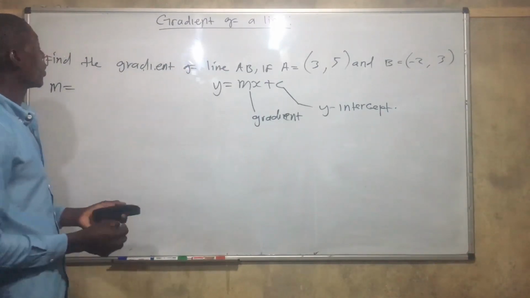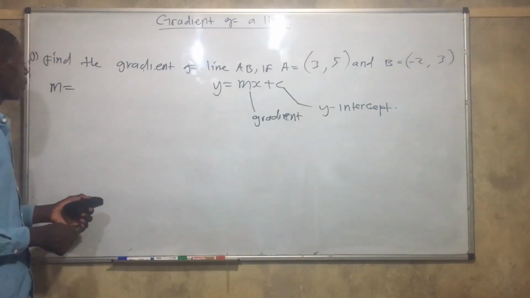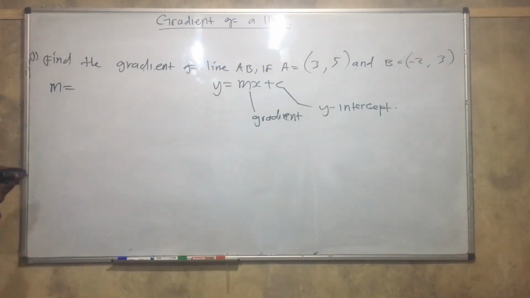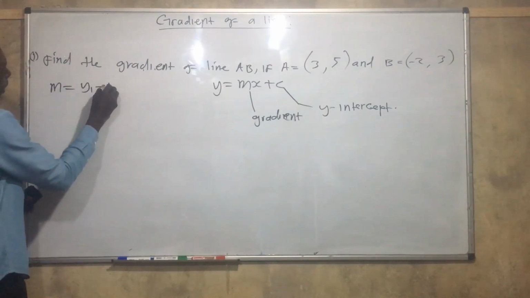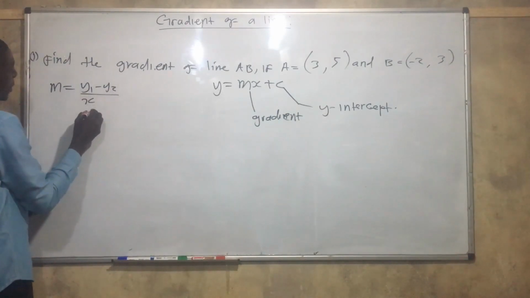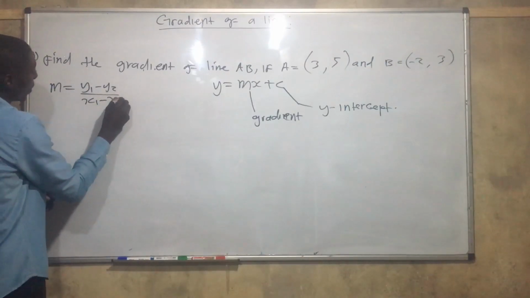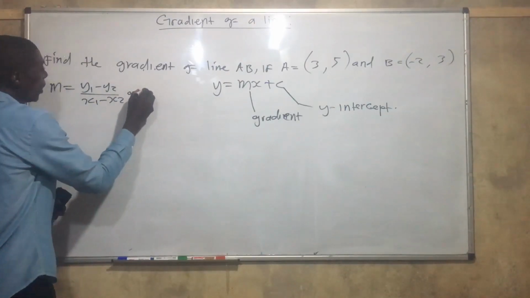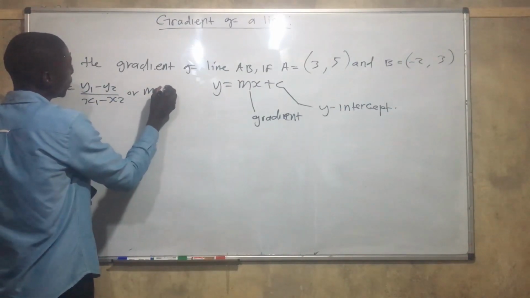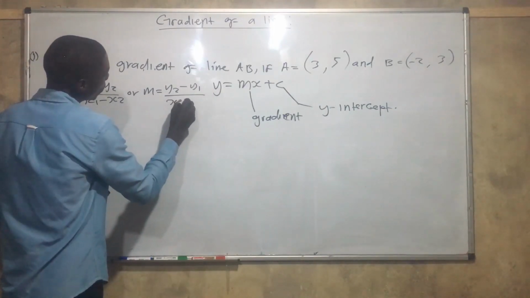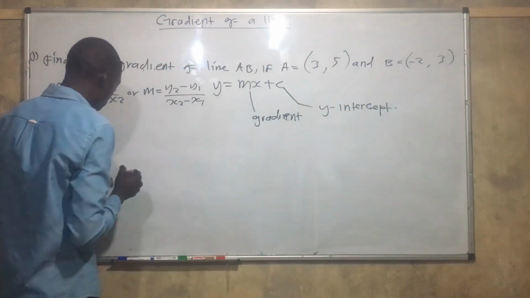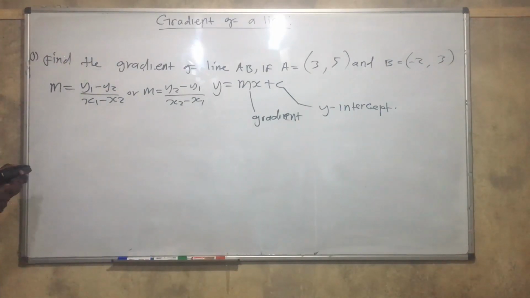Now we are looking at how to find the gradient of a line. Another formula is given by m is equal to (y1 minus y2) over (x1 minus x2), or m is equal to (y2 minus y1) over (x2 minus x1). So this is the formula that we can use to find the gradient.